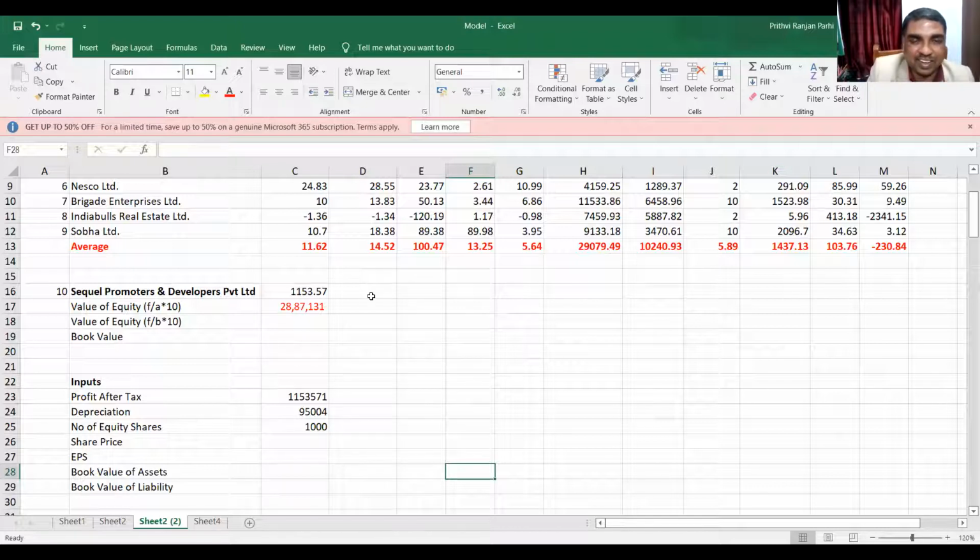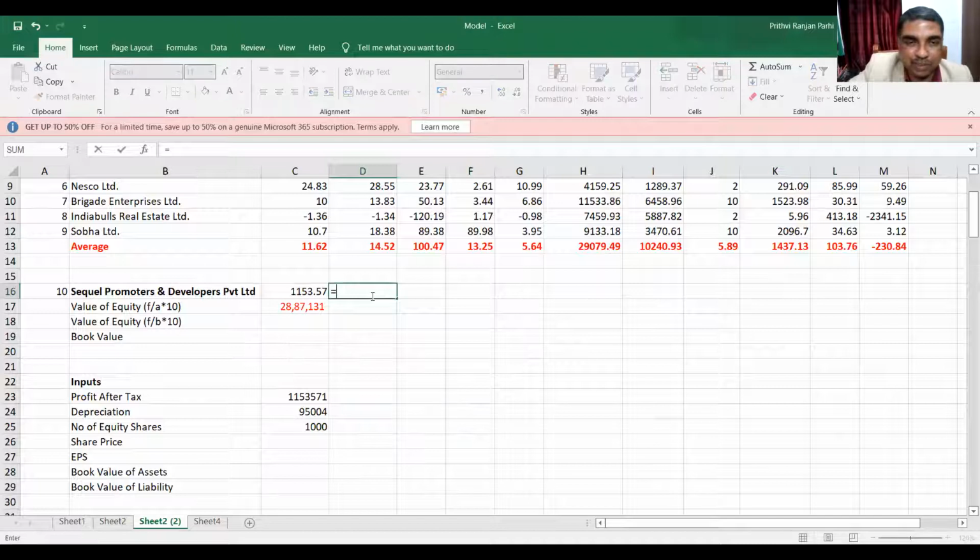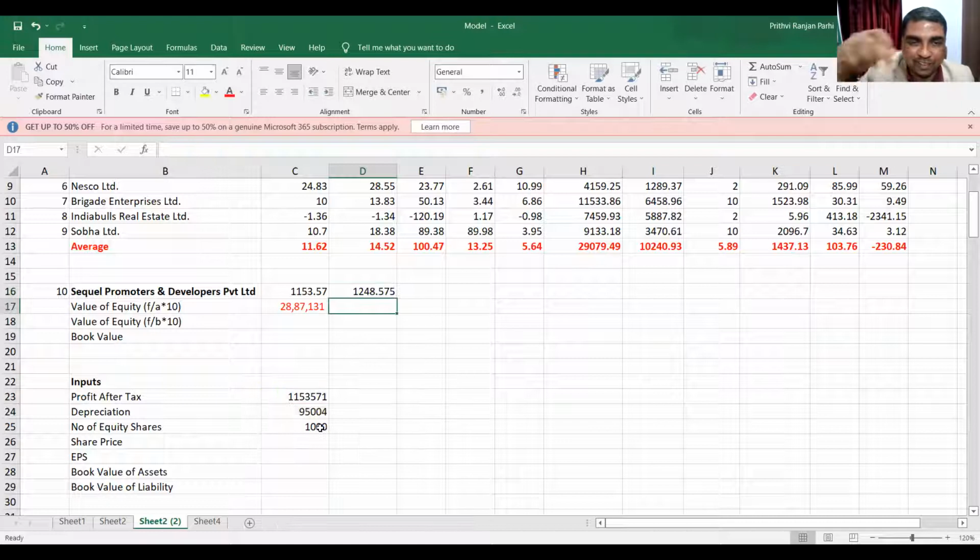Now, if you calculate, cash EPS will be equal to profit after tax plus depreciation, let me take it in a bracket, divided by the total number of equity shares. Wow. So this is my CEPS.